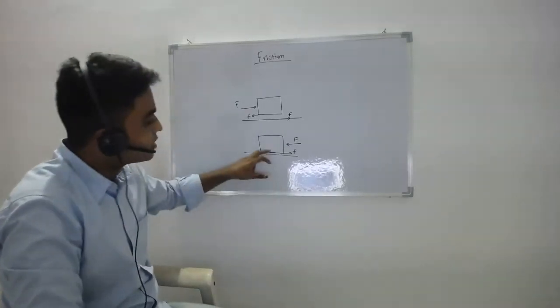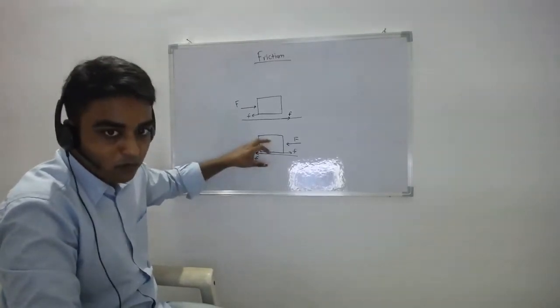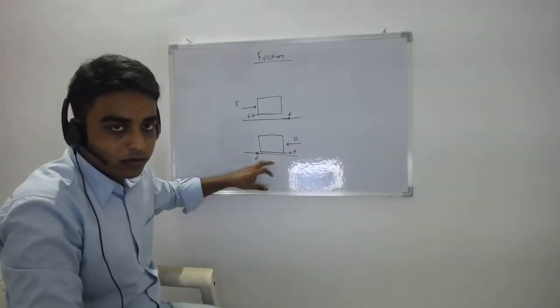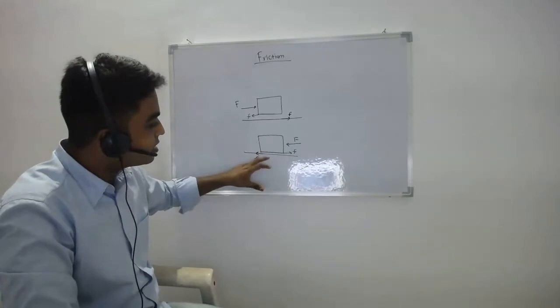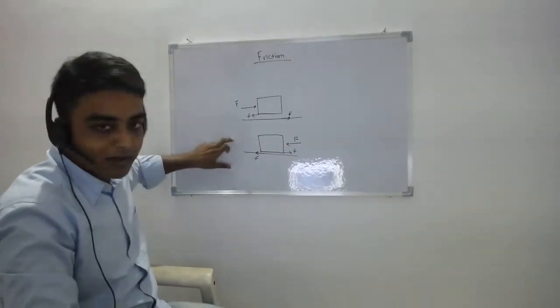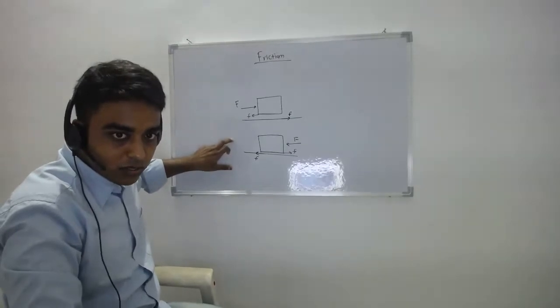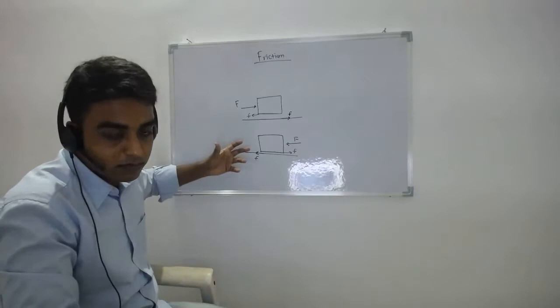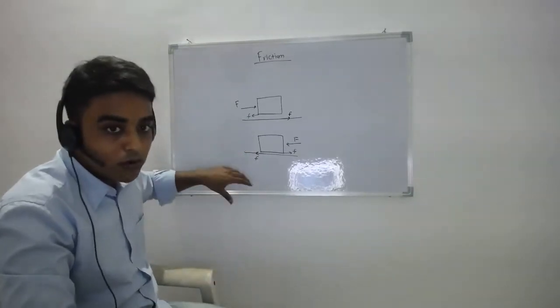So here we have contact surfaces, one surface of the object and one surface of the ground. What I noticed here is that we are applying force on this one. So the surface of the object is moving in the left hand side direction, and the job of friction is to stop the relative motion. How can we stop the relative motion?